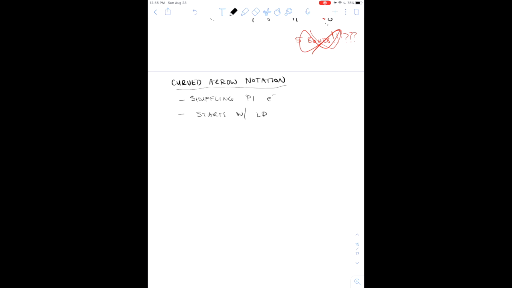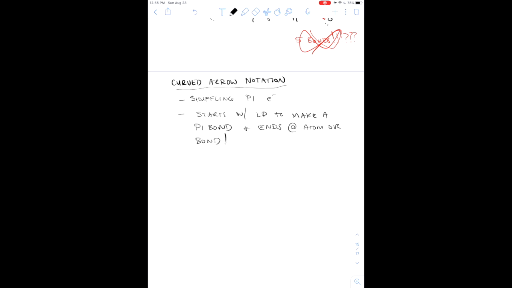And so we can start with a lone pair to make a pi bond. It starts with the lone pair, but then it ends at the atom, or it could end at a bond, right?